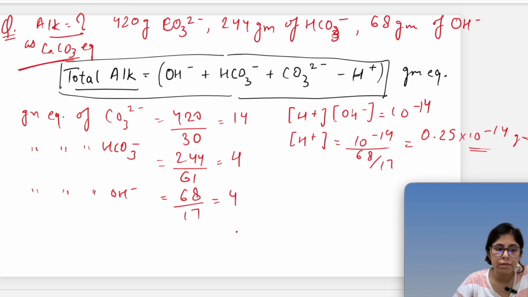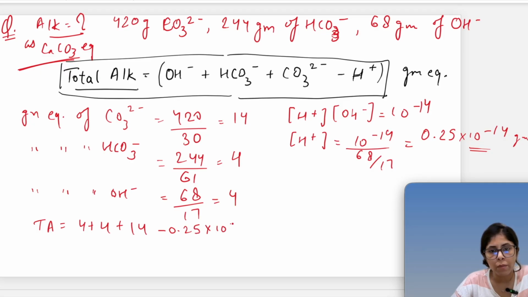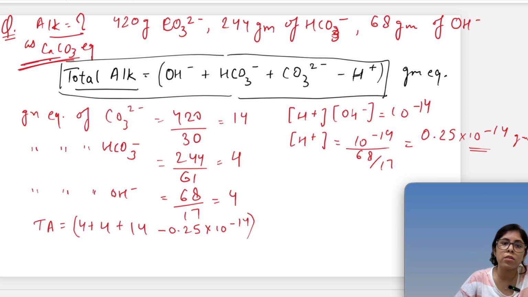Now, can I calculate the total alkalinity? Total alkalinity is nothing but OH minus ions, which is 4, plus HCO3 minus ions 4, plus 14, minus 0.25 into 10 to the power minus 14, and we have to calculate it as CaCO3. So for the CaCO3 equivalent I have to multiply by 50.